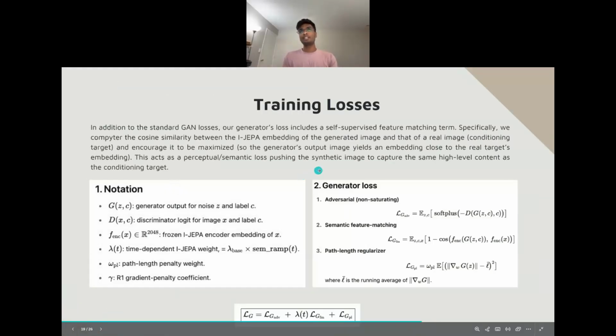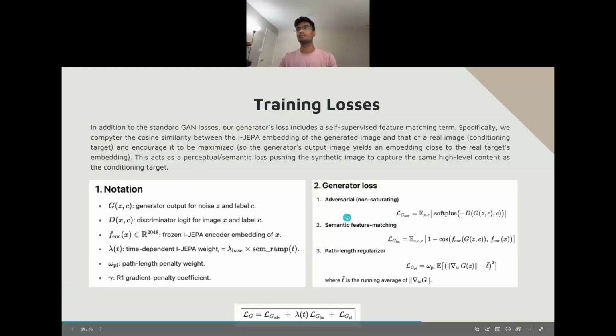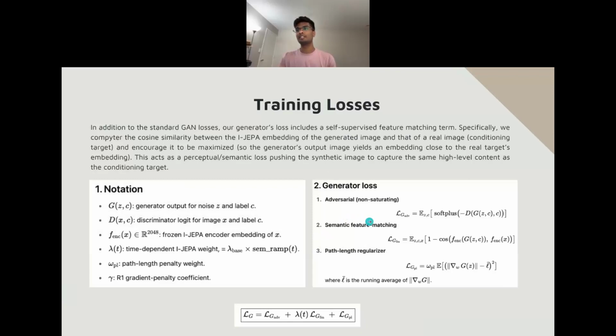When it comes to the losses, I've mainly stuck to the original losses that come with StyleGAN itself, and then introduced a new semantic feature matcher, which is basically cosine similarity.